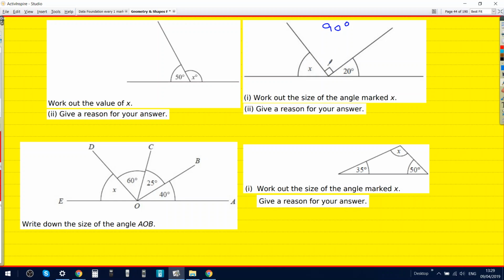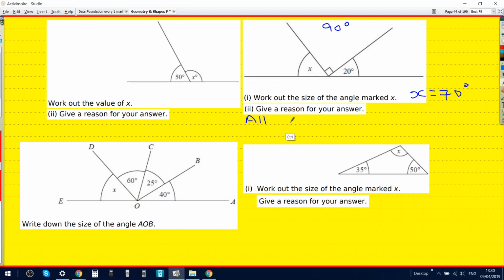We have x and 20. So 90 and 20 is 110. X would be 70. Yes, x equals 70. Give a reason for your answer. Because all angles on a straight line add up to 180. Yes.